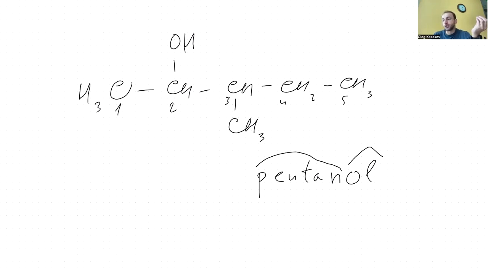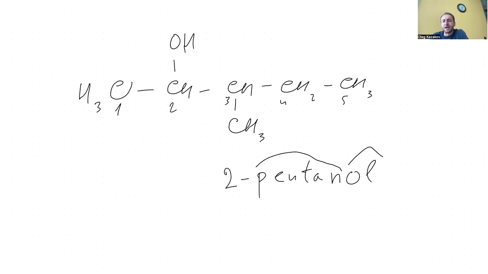Then we're going to show where our alcohol is at. Namely, we're going to show where the OH group is connected to the carbon to make, holistically, the alcohol functional group. So OH is located on carbon number 2. On carbon number 2, we have the OH that makes an alcohol from the 5-membered chain, 2-pentanol.